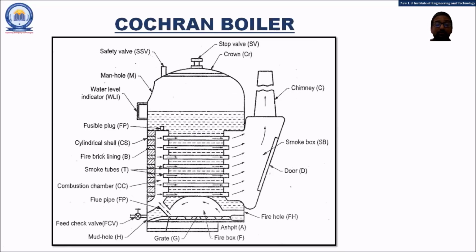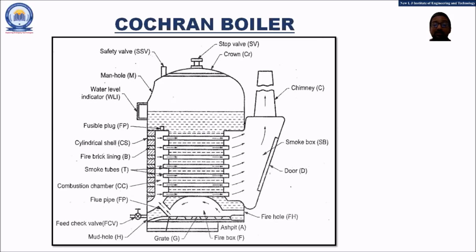So now let us start understanding the working of the Cochran boiler. Remember friends, the working is very easy. Just focus on the points I am telling you. On the grate, a component of the furnace, the fuel will be collected.